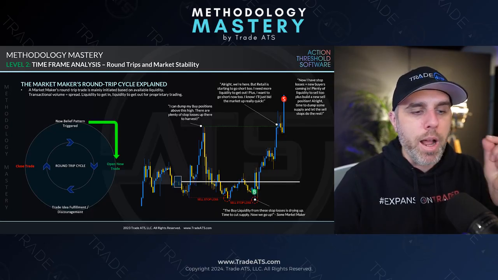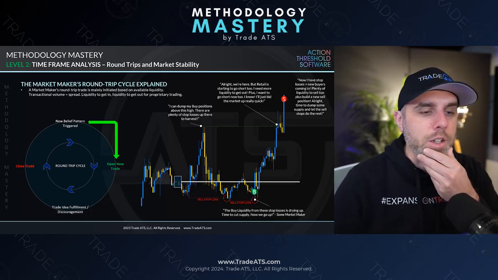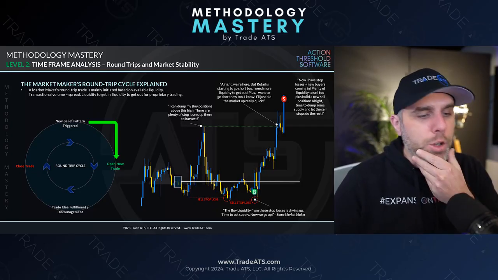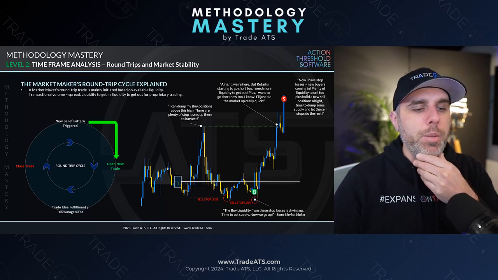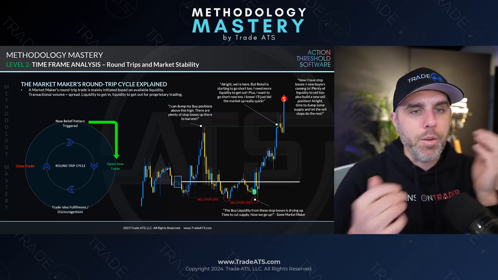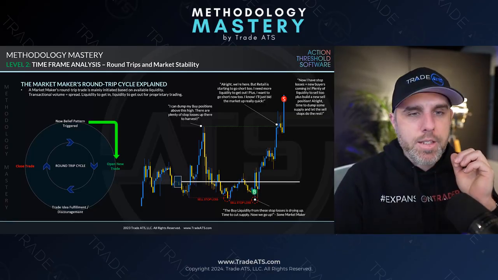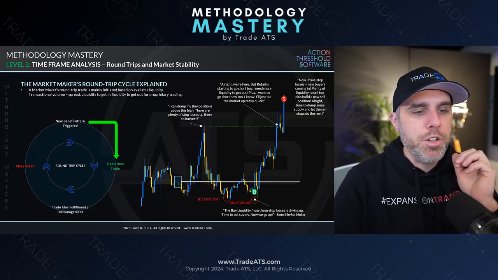Plus we have new buying activity flooding in based off of the temptation of what this looks like. What does that create for the market maker? It creates a huge opportunity to sell because you got a bunch of buy liquidity coming in, right? So they sell to that and they harvest the stop losses plus the new buyers.